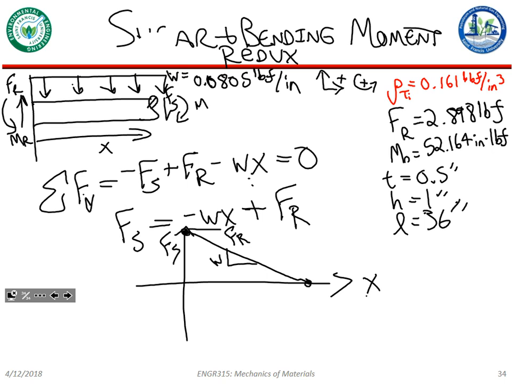Because if I multiply W by 36 inches, I should get that number again, right? Cool. So that's what our shear diagram looks like.